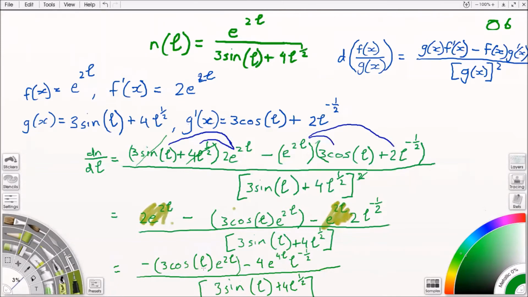Oh, sine and cos. My textbook here. Hopefully it has its trig identities. Here we are. These. Okay.